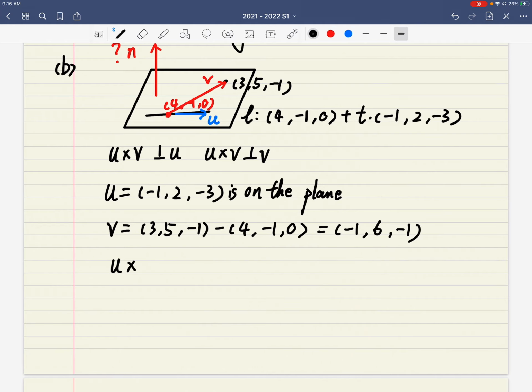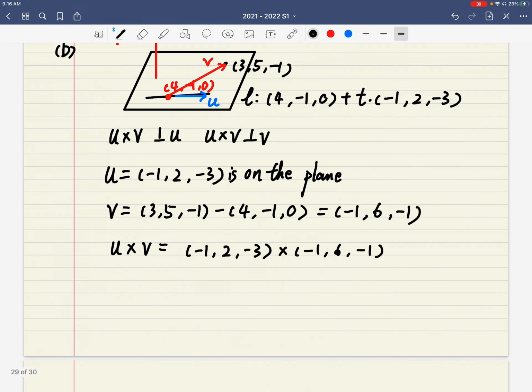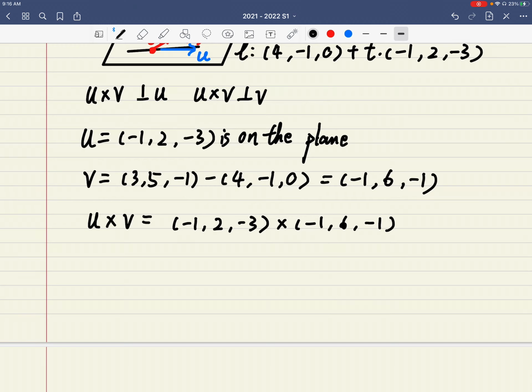U cross v. Here I think I can skip some of the steps. You can just follow the formula of u cross v. It's -1, 2, -3 cross -1, 6, -1. Maybe let's do it one more time here.